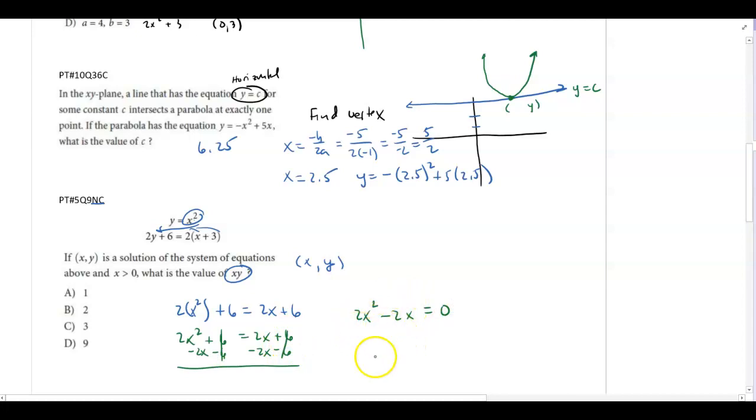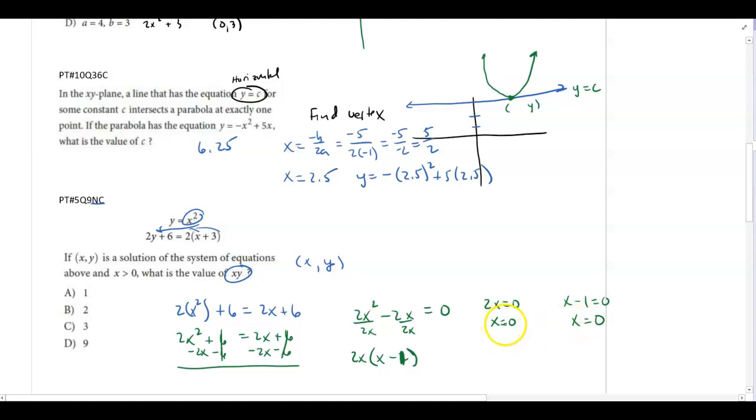Now, the easiest way to solve this quadratic from here is to factor it by looking for a GCF. Pull out the 2x, and I'm left with x minus 1. So I'm going to set 2x equal to 0, and then set x minus 1 equal to 0. So x equals 0, x equals 1.